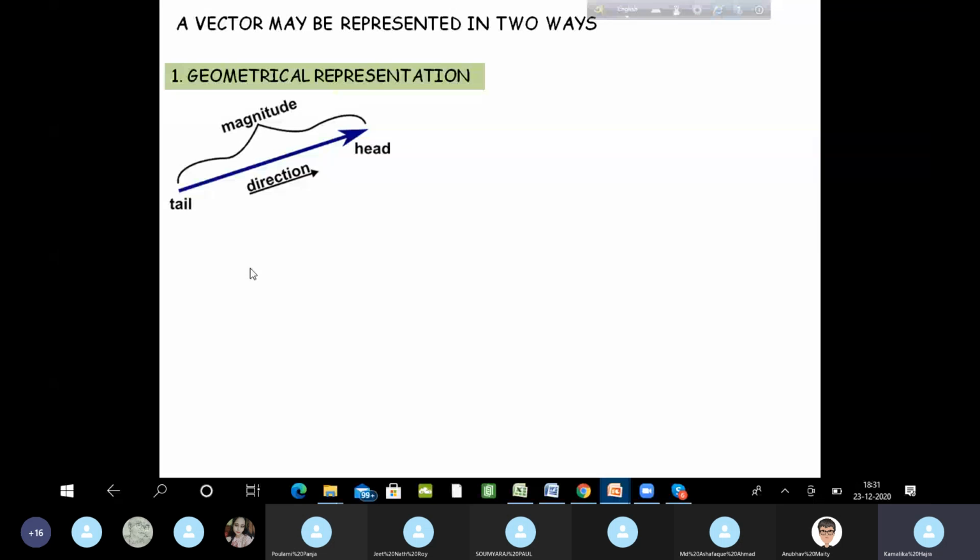So when you have a line segment with that kind of representation, it is called a geometrical representation. Suppose you have a vector A like this. So this line segment gives the magnitude of A and the arrow gives the direction of A.